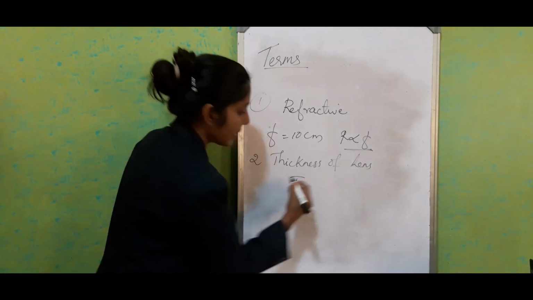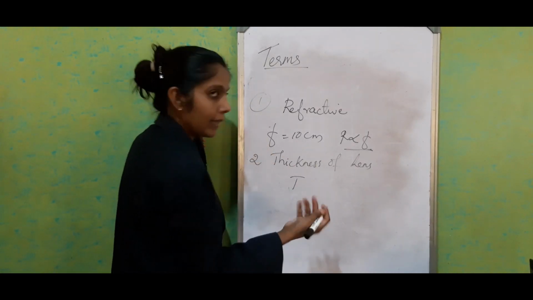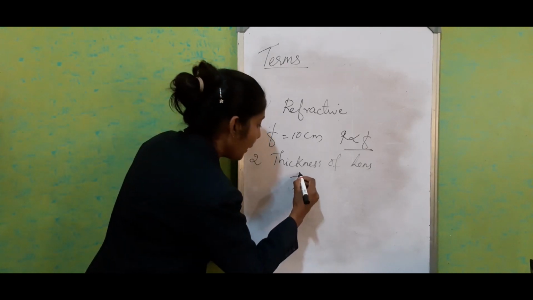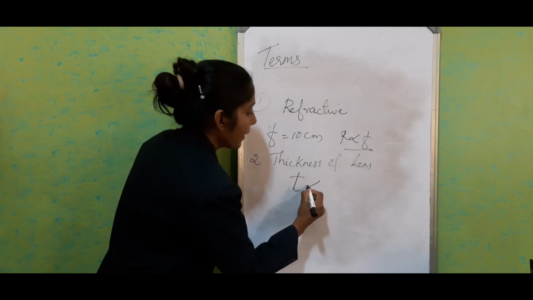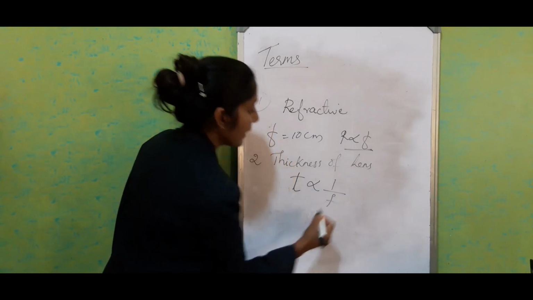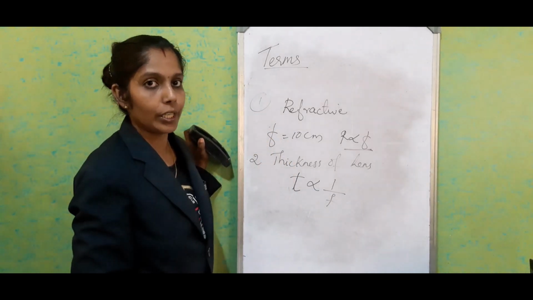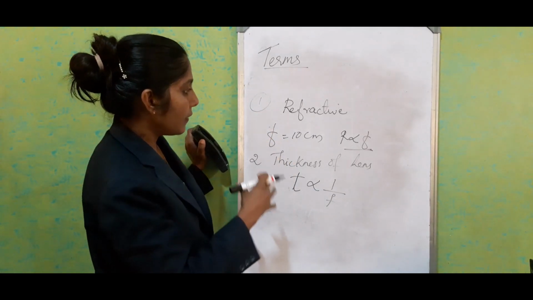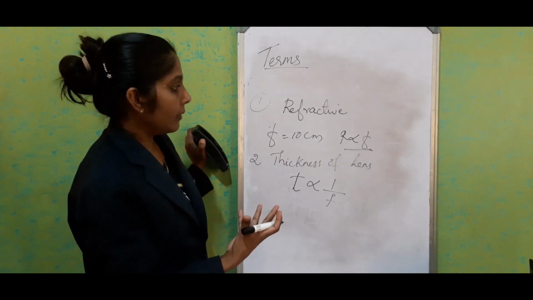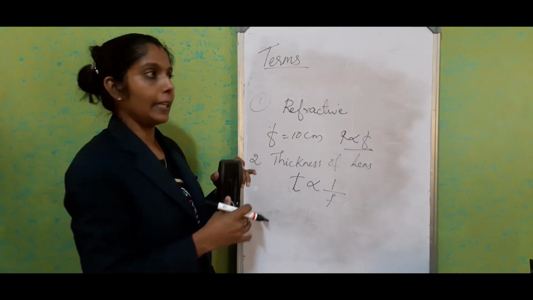If I represent the thickness as a small letter t, we can tell that the focal length and the thickness is inversely proportional to each other. So these are the factors which depend upon the focal length.